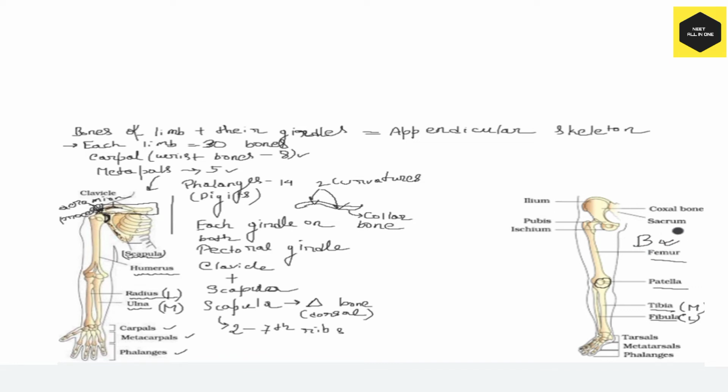Then you will have your sacrum, ilium, ischium, pubis, and then the tarsus, metatarsus, and the phalanges. So let me write, there is one thing about this femur. Femur is the longest bone.